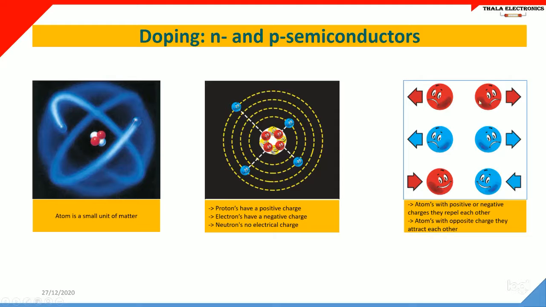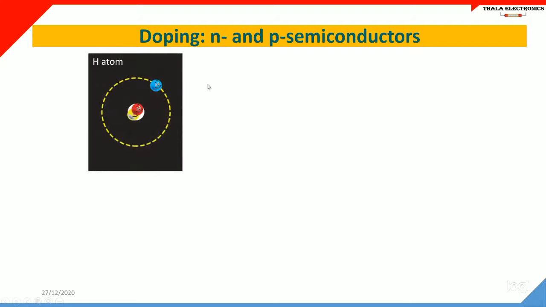Now, if we have two particles with the same charge, both positive or both negative, they repel each other. If we have two with opposite charges, they attract each other. Let's take the hydrogen atom. In hydrogen we can find one electron, one proton and one neutron.